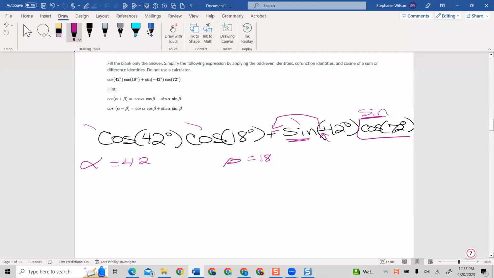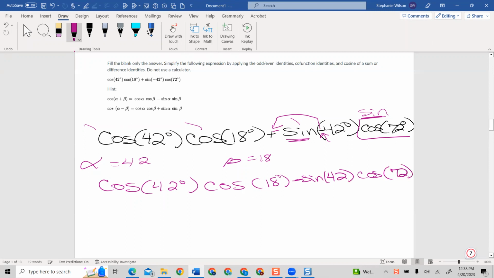So we're going to pull the negative out to the front. Let's rewrite again. And now we need to work on this last part. If you notice, the beta on this last part is not 18, it's 72. So we got some work to do here.